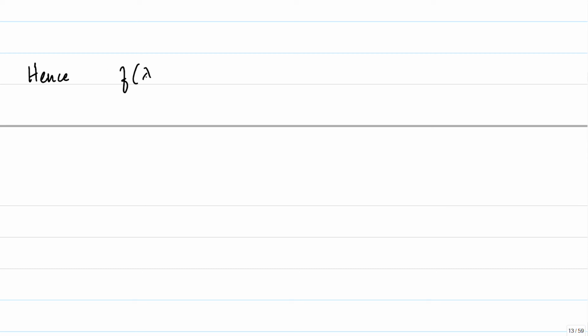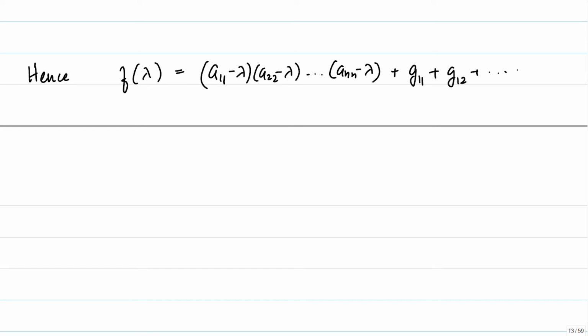Hence, our f of lambda is just going to be a11 minus lambda into a22 minus lambda up to ann minus lambda, plus g11 plus g12 plus up to g1n, where each of these gij's are polynomials of degree less than or equal to n minus 2.